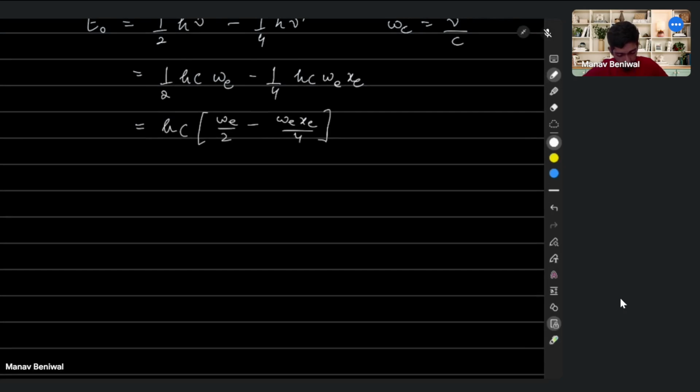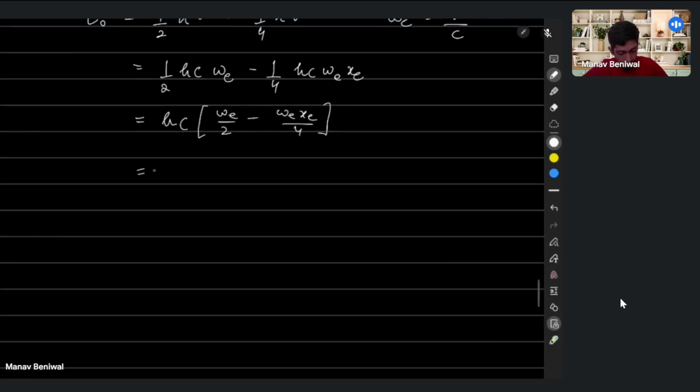So this is 6.626 times 10 to the minus 34. Speed of light is 3 times 10 to the power 8. And inside we have, so that was 4, so it will become 2 minus, 1/4 of 12000 will become 3000.